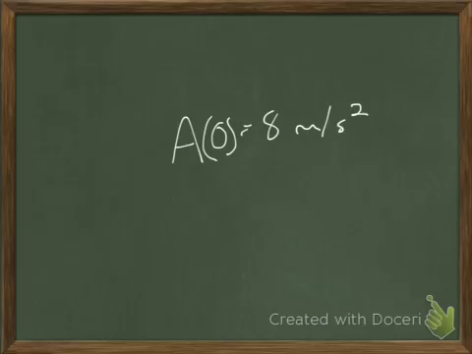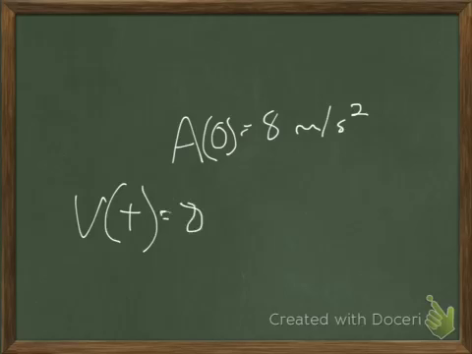Now we're going to start with the acceleration. The acceleration at 0 was 8 meters per second squared. Alright, we were given that in the problem. Now we need to find the velocity of t by taking the antiderivative of this.